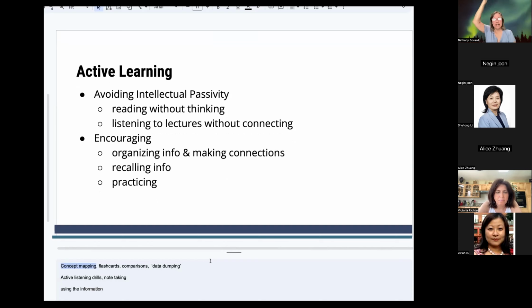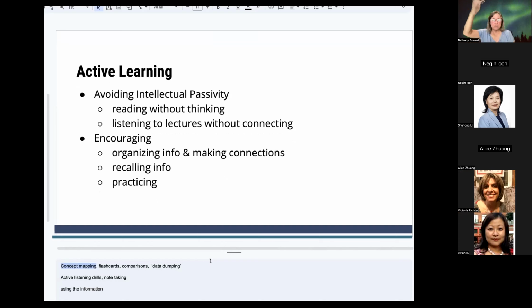There are books of hundreds of teaching strategies, and they've all been researched, and some of them are much more effective than others. Concept mapping is one of those super effective strategies, just like that data dumping we just talked about, for improving understanding and long-term retention of the information.